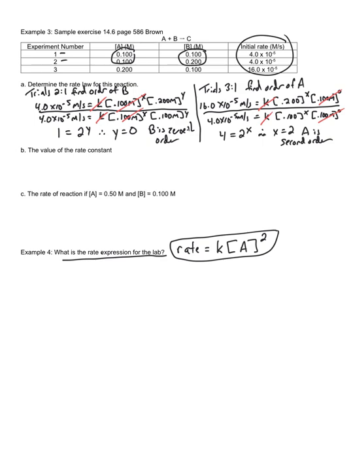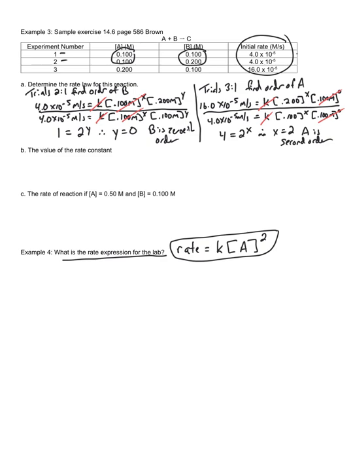That always is the initial rate of the reaction, so it's the rate of the reaction immediately once the reaction begins. So rate equals K times the concentration of A raised to different powers. We'll notice that the K's cancel and A cancels out because it's the same, and we get 1 equals 2 to the y. Therefore, y must be 0. B is a 0th order reactant.